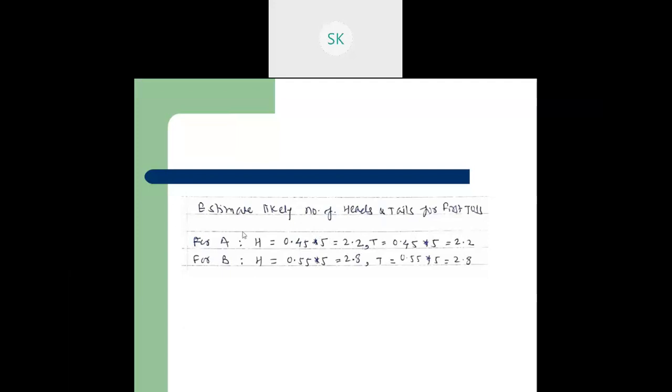So that is the first sequence for capital A, where the probability of A was 0.45. Now with respect to B, consider that in the first sequence the selected coin is B and tossed the same number of times. So heads will be 0.55 into 5, that is 2.8, and tails is 0.55 into 5, that is 2.8.